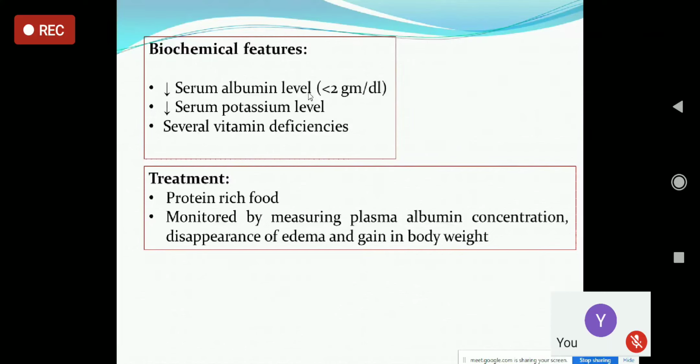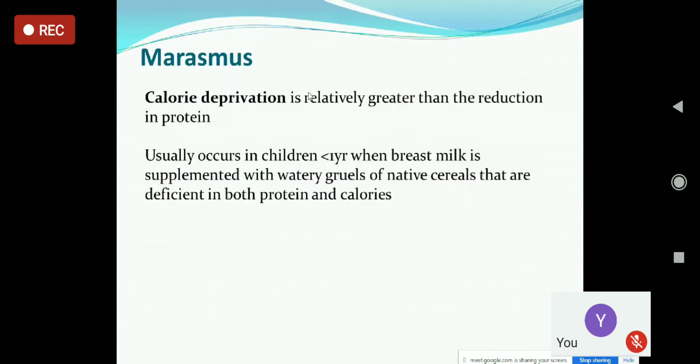We just talked about kwashiorkor. Now there is another protein energy malnutrition, which is marasmus, and you should be able to differentiate between the two. In marasmus, calorie deprivation is relatively greater than the reduction in protein.